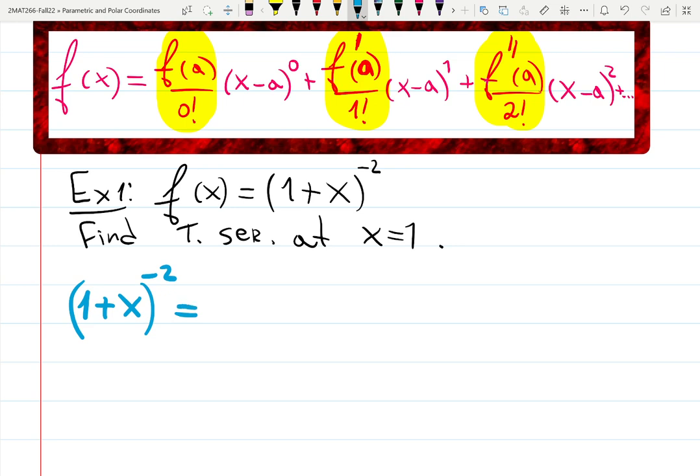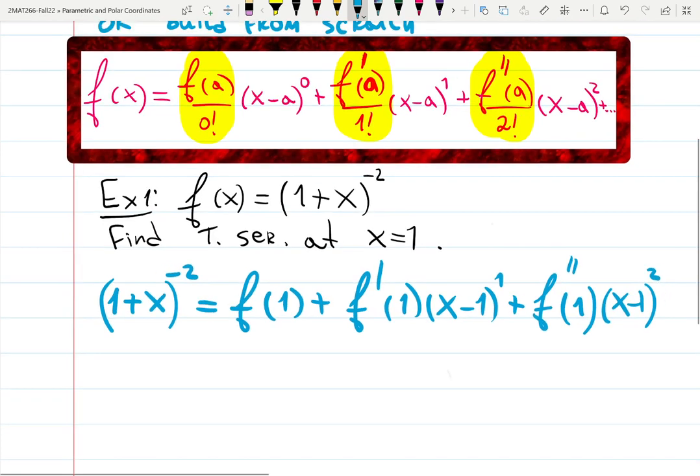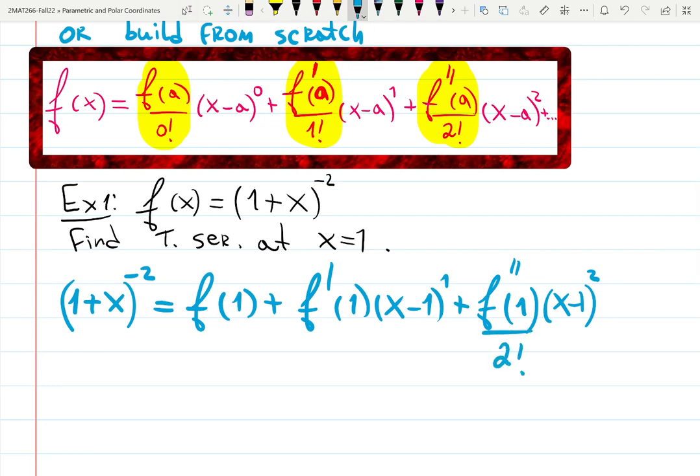This function has an infinite Taylor series, which is f of 1 divided by 0 factorial, and so on, that's 1, plus the first derivative at 1 divided by 1 multiplied by x minus 1 to the 1, plus the second derivative at 1 times x minus 1 squared divided by 2 factorial, plus and so on. Our job is to find these coefficients.